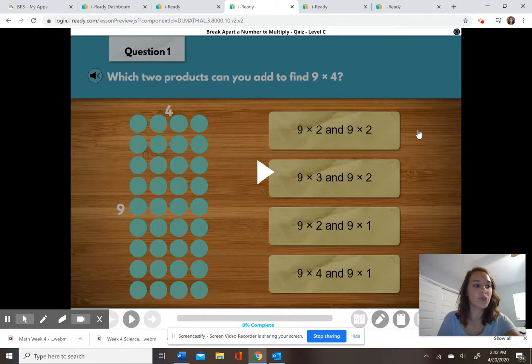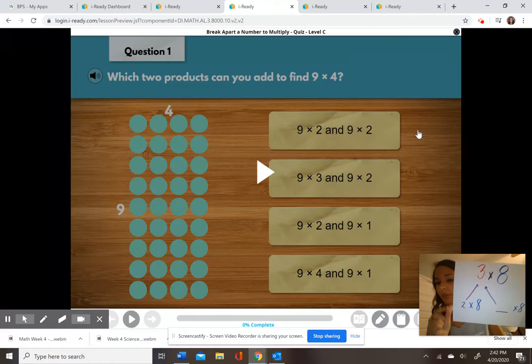I did a little visual for you guys. In this case, if you have 3 times 8, you want to find what the common number is first. How many 8s do I have? I have 3. How many 8s here? I have 2.